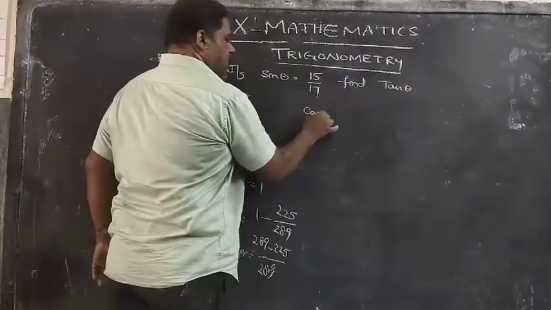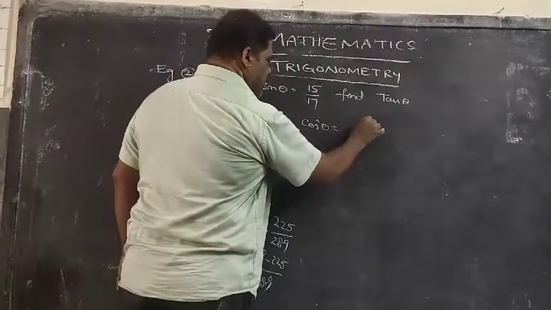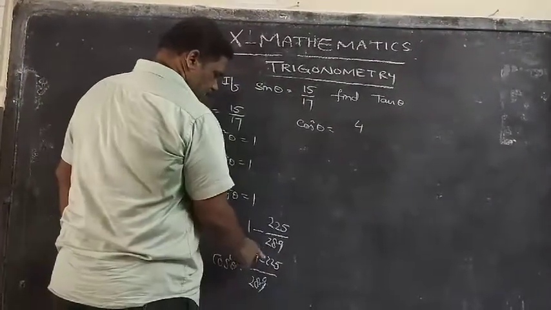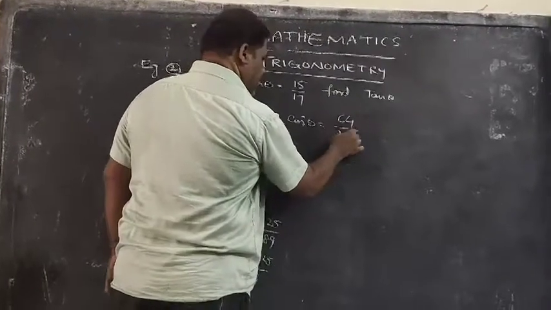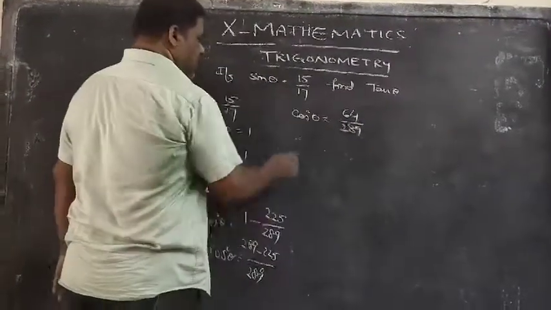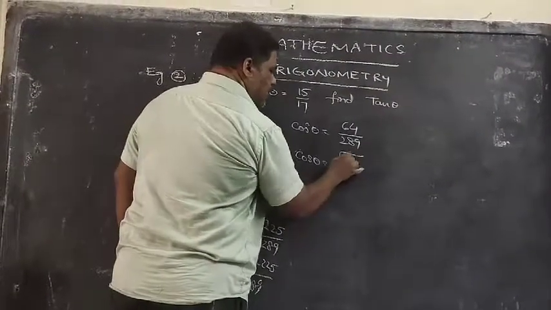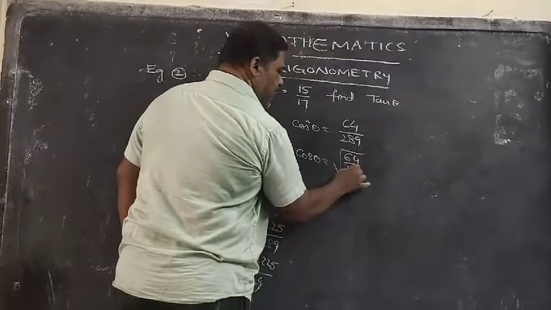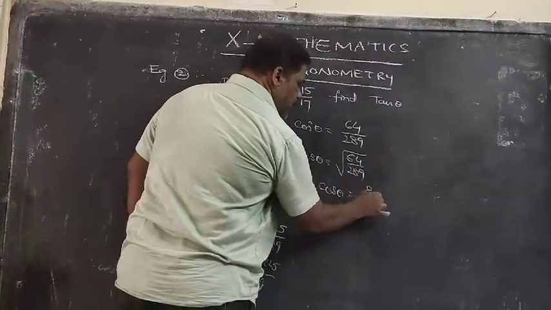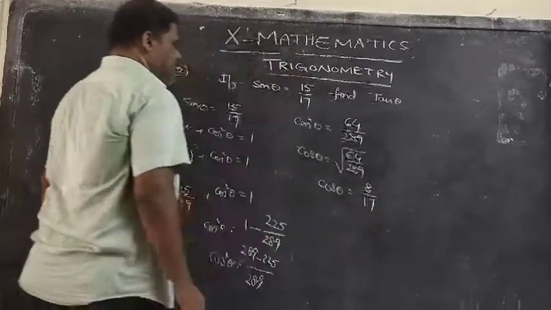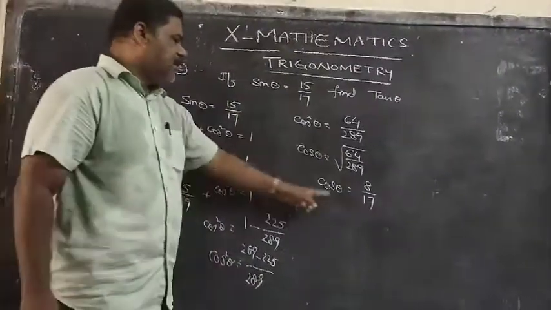So we will get cos square theta is equal to 64 by 289. If you remove square here, cos theta is equal to under root 64 by 289. 64 square root is 8, this is 17. So by using this trigonometric identity, we will get cos theta.